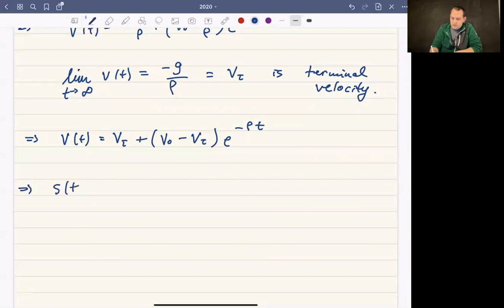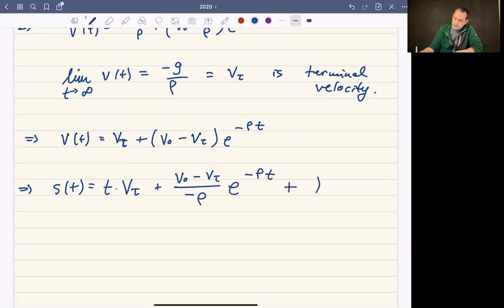And our position function is going to be the antiderivative again with respect to t. This is a tau, by the way, so that's not t. So this is going to be t times your terminal velocity plus, let's see, if we anti-differentiate, we're going to end up with v naught minus the terminal velocity over negative rho e to the negative rho t plus another constant, which I'll call d.